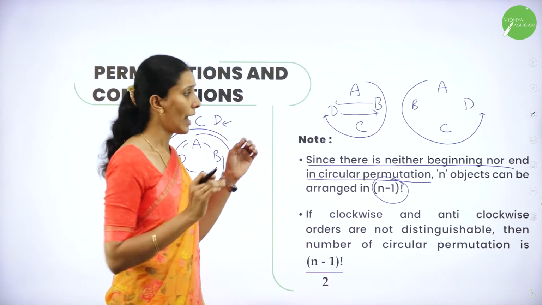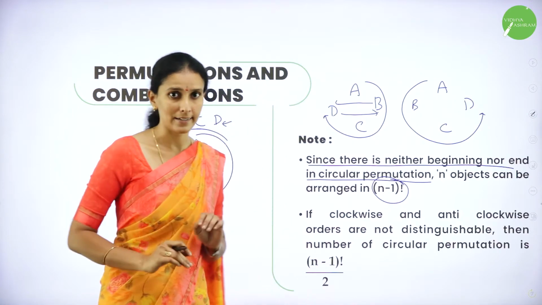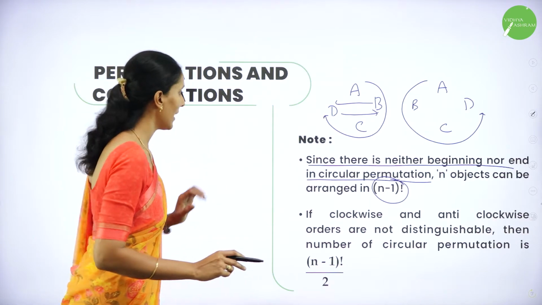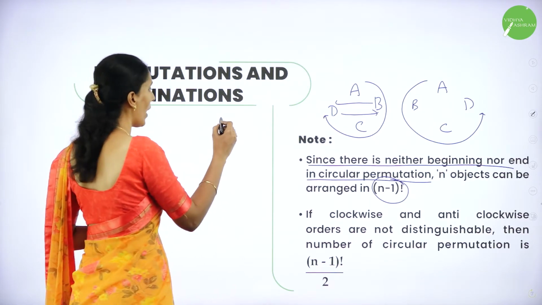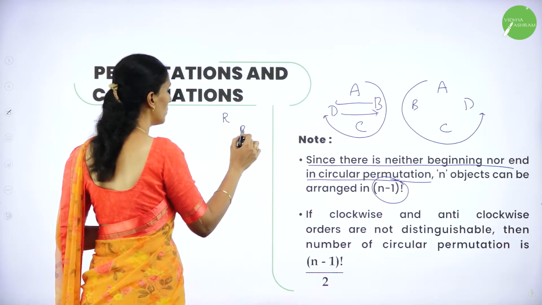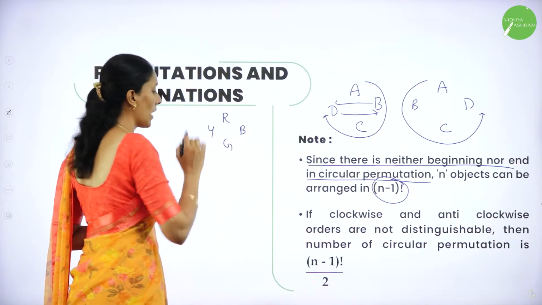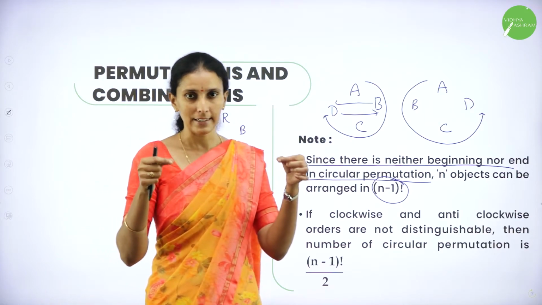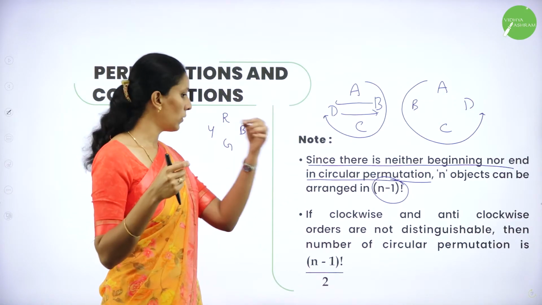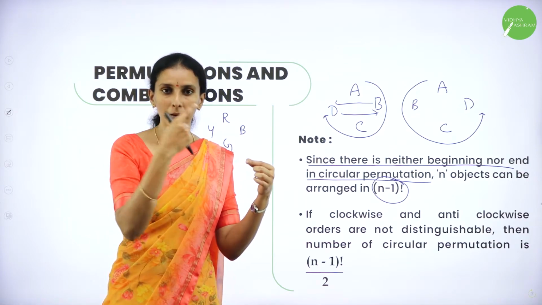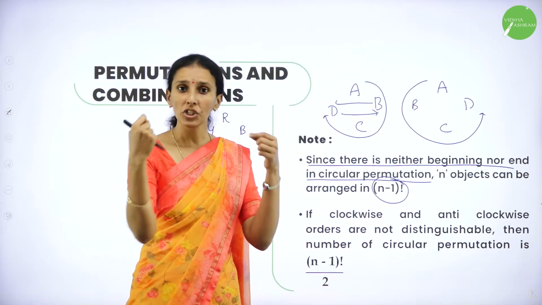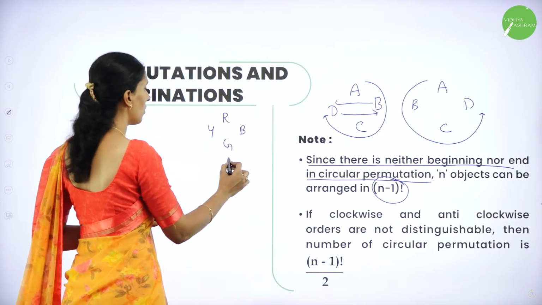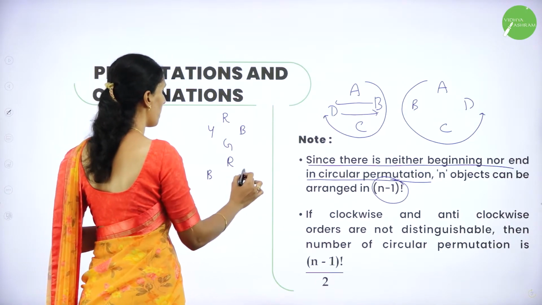Suppose you take a garland or a necklace. I'll take the example of a necklace where red, blue, green, yellow beads are strung together. If I hold the necklace like this, first red, then blue, then green, then yellow, and if I change it like this, it becomes red, blue, yellow, green.